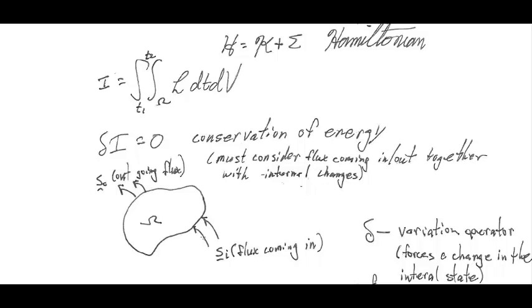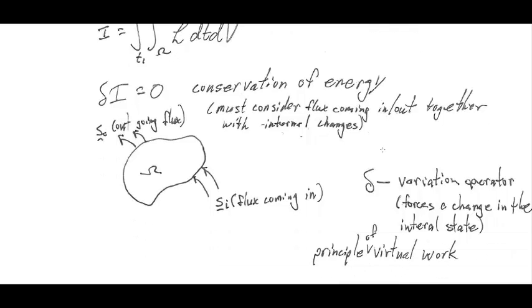If there's fluxes of energy coming in and out, we have to include that as part of the action integral. Clearly the energy will change inside here if you have more coming in than going out. We count these fluxes on the surface as part of that energy, and in that case this will be 0.